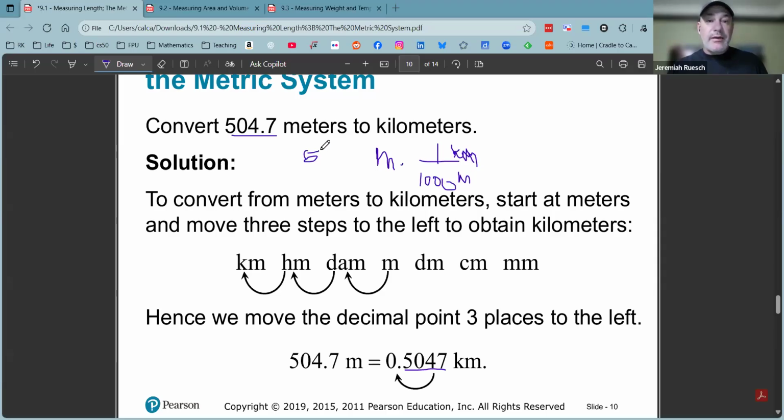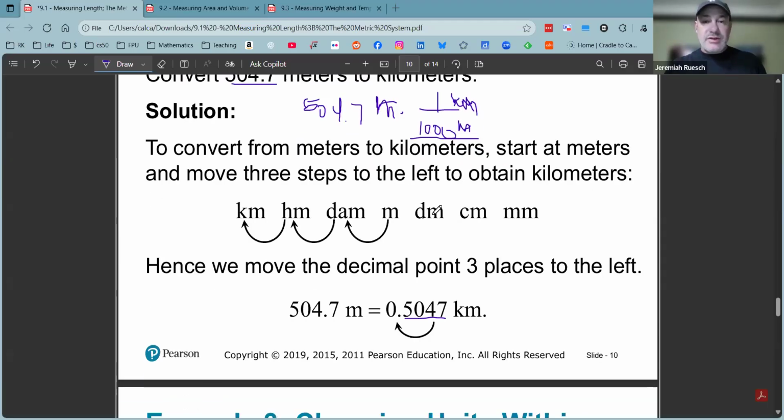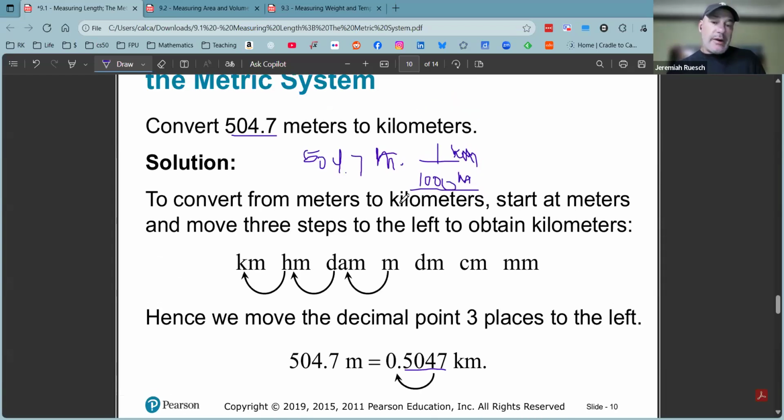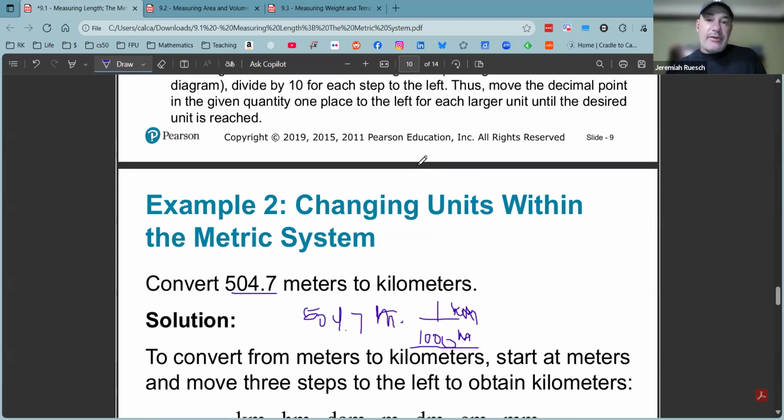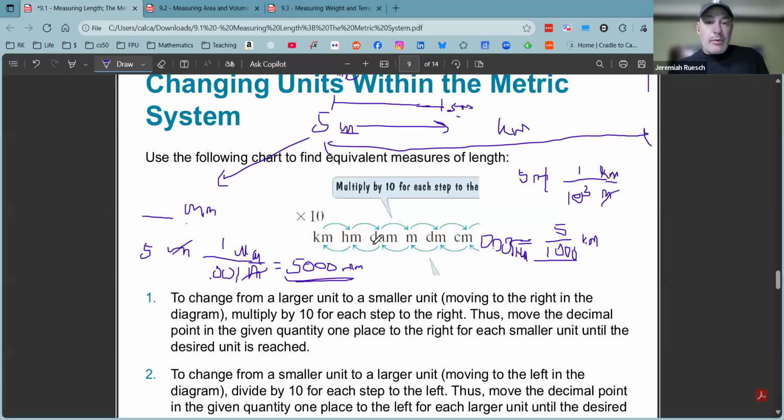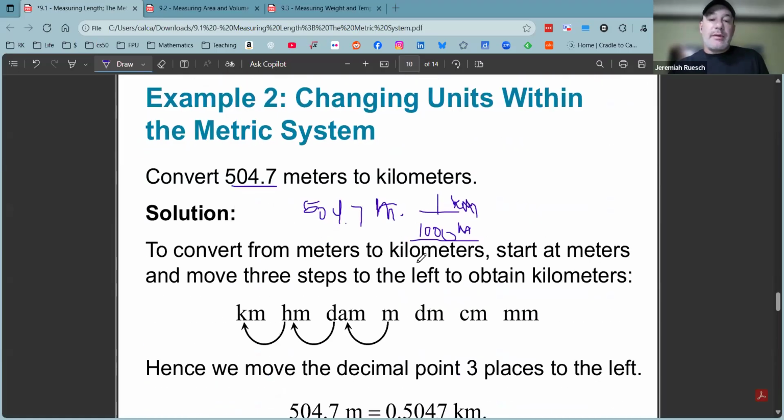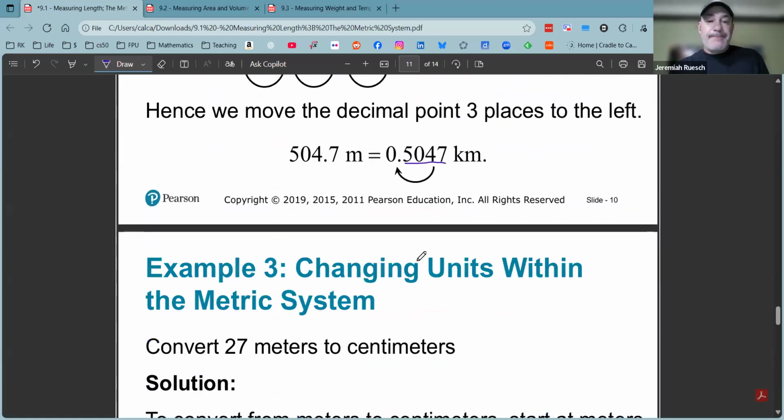And so 504.7, the meters cancel, and I end up moving the decimal place over 3 times because I'm dividing by 1,000. So that's the relationship. I don't want you to think this comes out of nowhere. It has to do with the fact that we're doing exactly the same thing, right? We're given a small unit and we're trying to go to a big unit, and so we're going to end up dividing by the number of powers of 10.